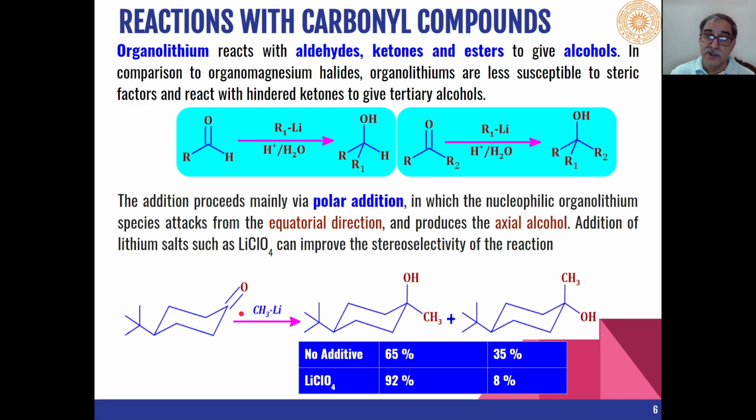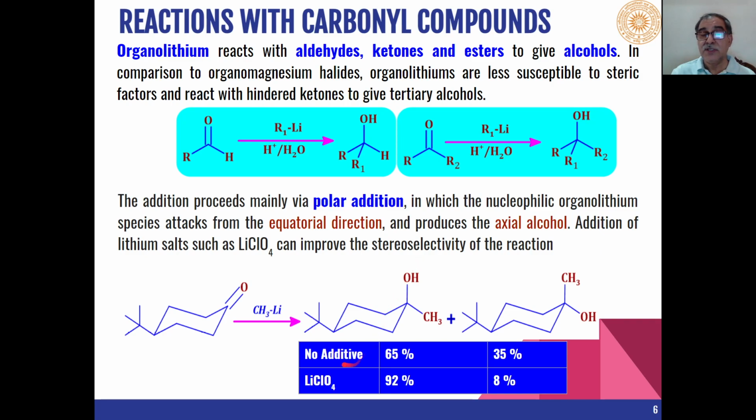So there are two ways in which methyl lithium can add to this carbonyl. One is that axial alcohol can be formed, the other is equatorial alcohol. And as I have told you, the preference is that attack of the alkyl lithium takes place in such a way that a stereoselective reaction takes place, and the methyl group gets attached to the equatorial position and the alcohol formed is preferably axial alcohol.